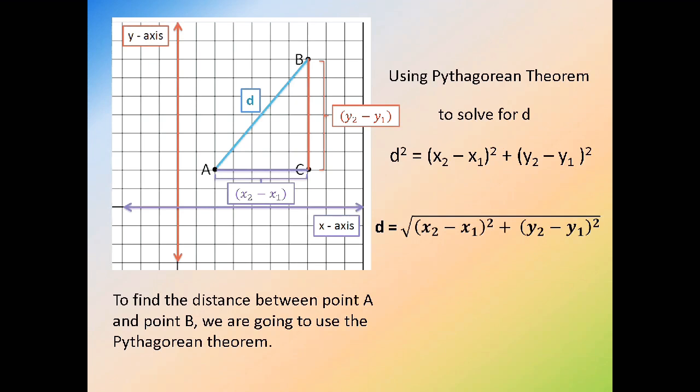And once we extract the square root, we have come up with the general formula, d equals the square root of the square of the difference x sub 2 minus x sub 1 plus the square of the difference y sub 2 minus y sub 1.